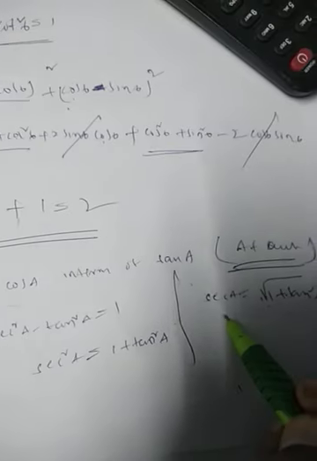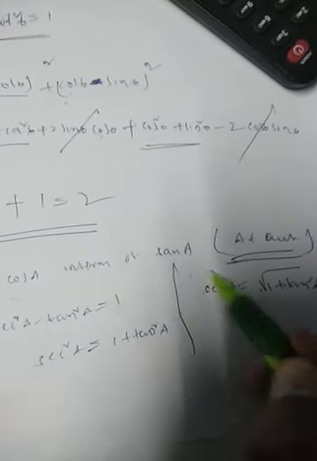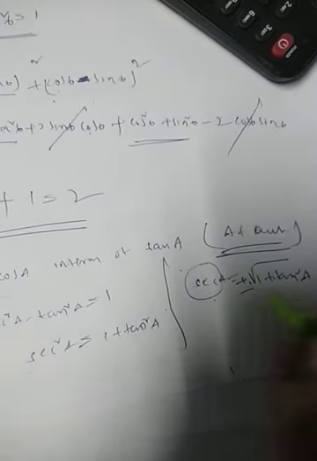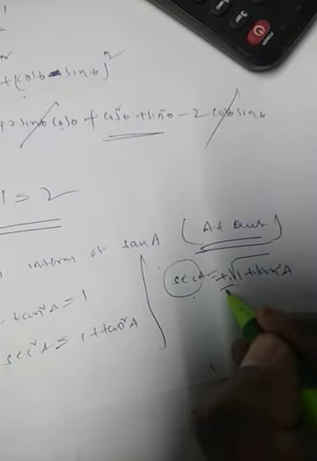That means it lies in the first quadrant. Now, how could I write? Sec A is equal to root of 1 plus tan square A. You may have a doubt: sir, why are you deducing sec A? Actually this is plus or minus, but A is an acute angle, so it is always positive only.